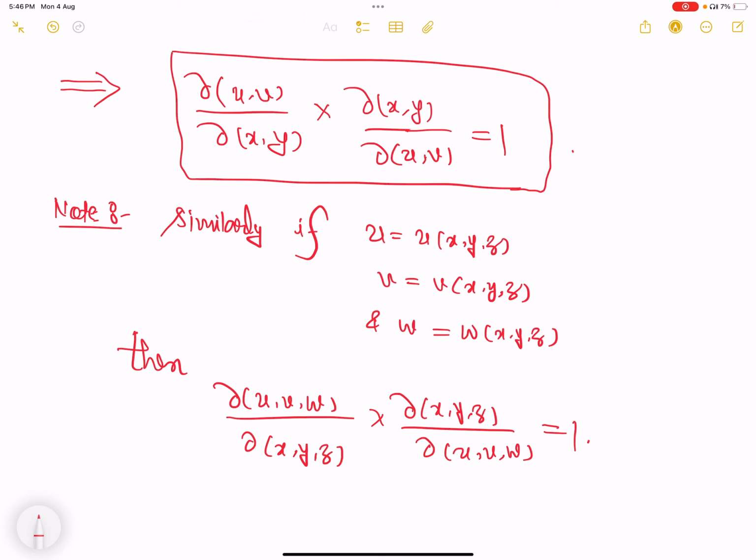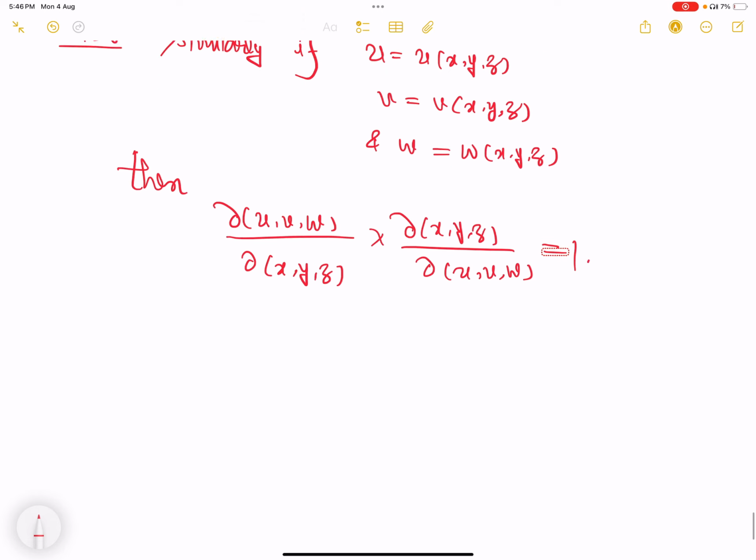Similarly, you can write it for more variables. So this is two.